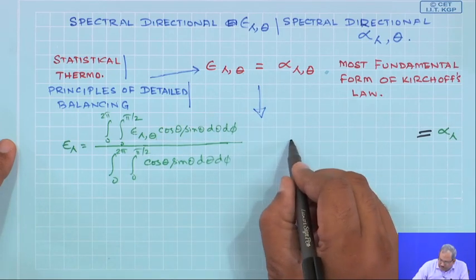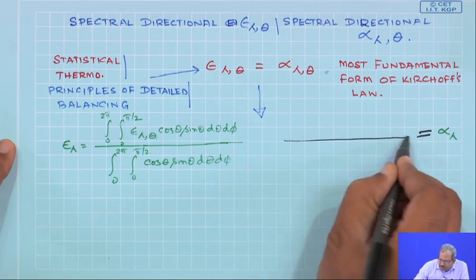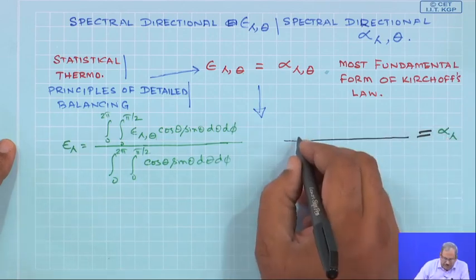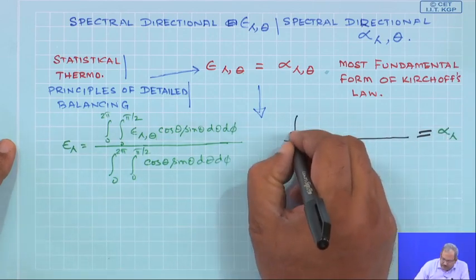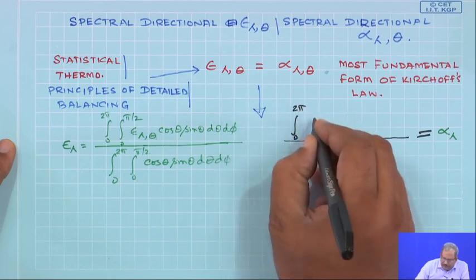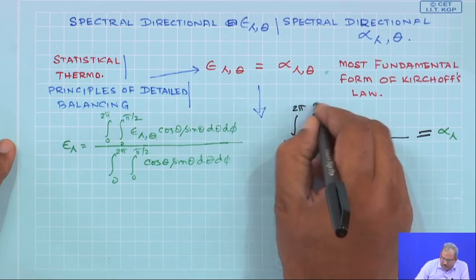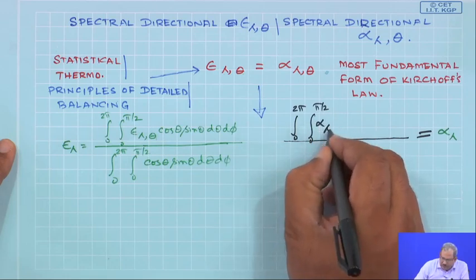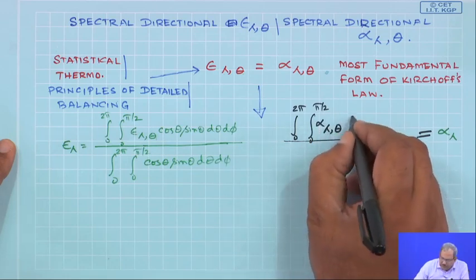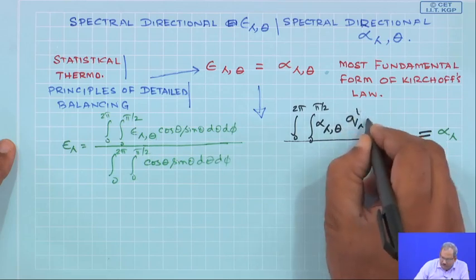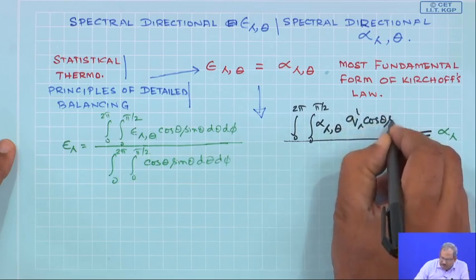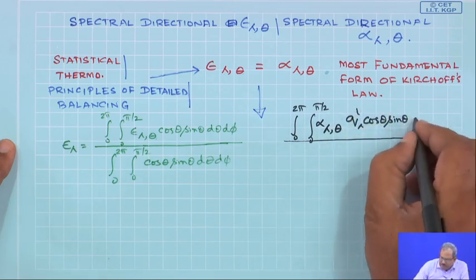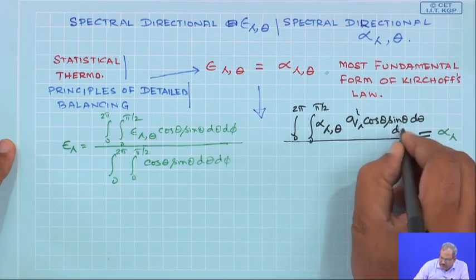The definition of absorptivity is again 0 to 2 pi as before, 0 to pi by 2, then alpha lambda theta times q lambda I cos theta sin theta d theta d phi.